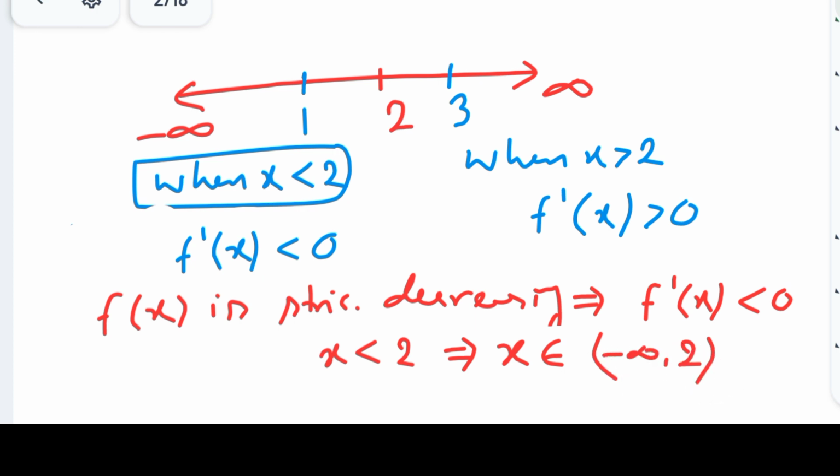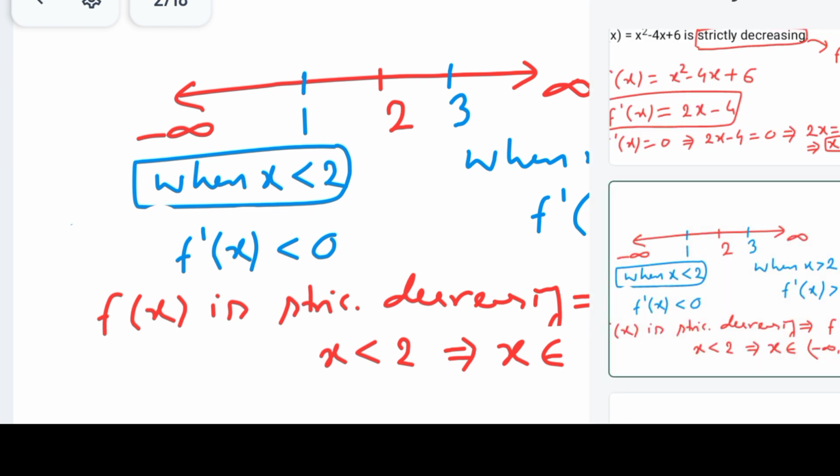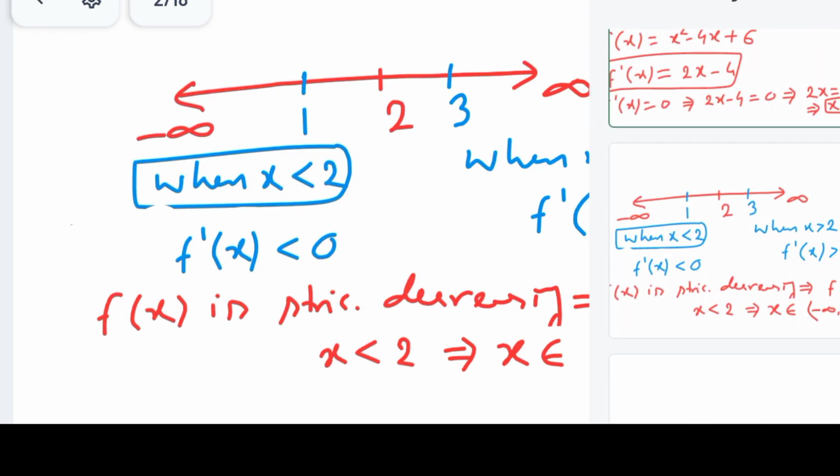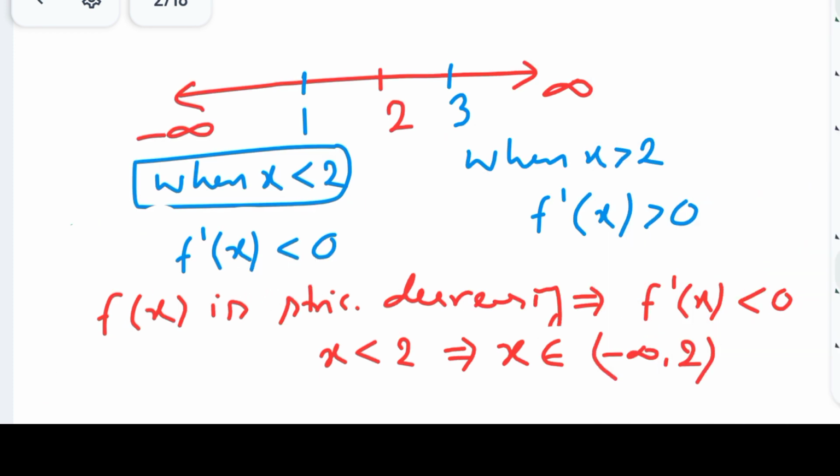So I hope you understood this question. Now suppose in this question this word strictly is not there. The question is simply, the function is decreasing. So when the function is decreasing, I will take less than or equal to 0.